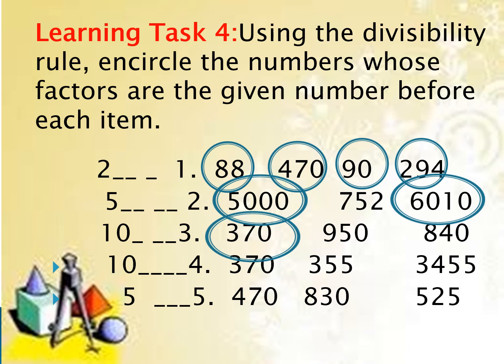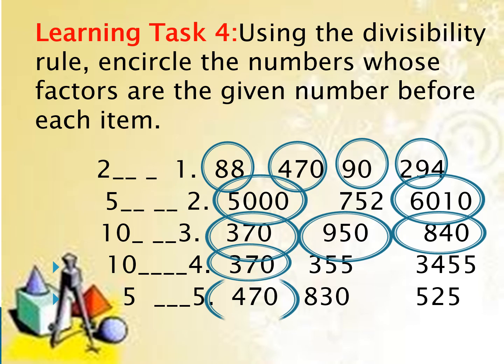Number 3, 370, 950, and 840. Those numbers are divisible by 10. Next, number 4, 370 only, because it ends in 0. So that is divisible by 10. Again, 370 is divisible by 10 and has a factor of 10.